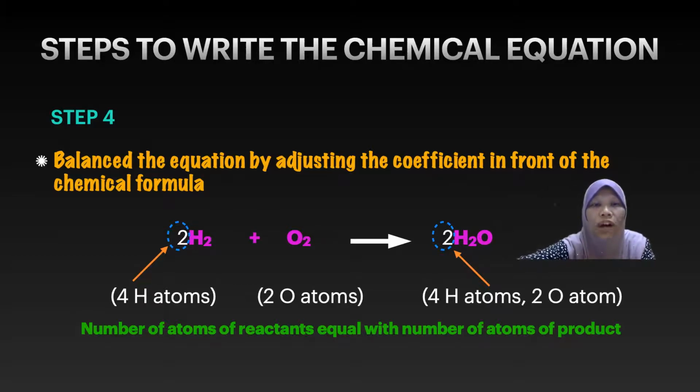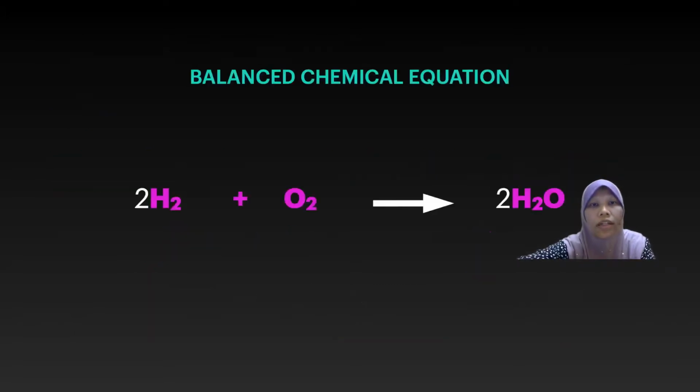Now we have 4 hydrogen atoms for the reactant and 4 hydrogen atoms for the product in water. If you look at the number of atoms, it is equal for the reactant and also for the product. So this is the balanced chemical equation that we just discussed. Now you have 2H2 plus O2 produce 2H2O.